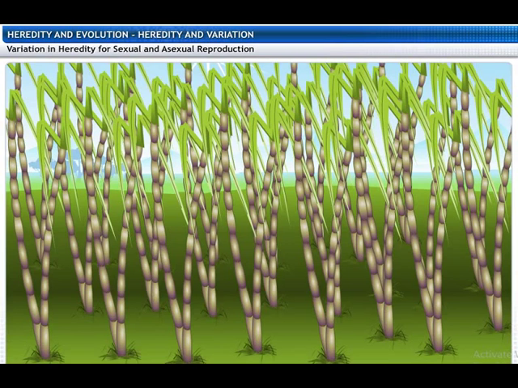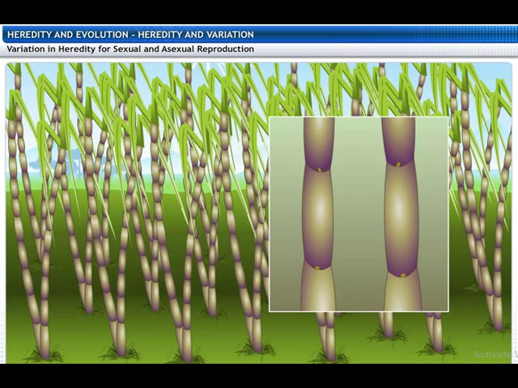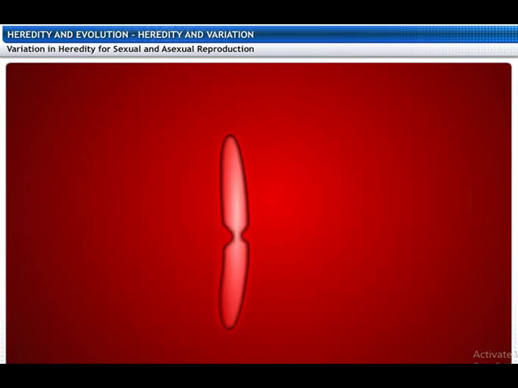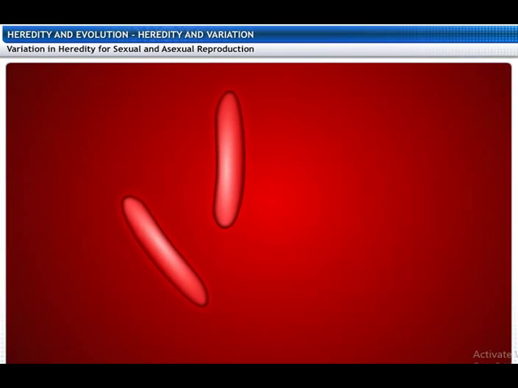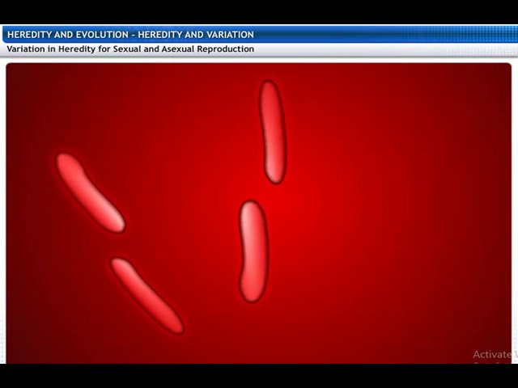Let's look at a few examples. When we observe a field of sugarcane, we hardly find variations among the individual plants. A bacterium divides into 2 bacteria, and the resultant 2 bacteria redivide to generate 4 bacteria.